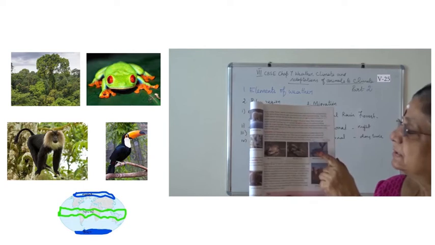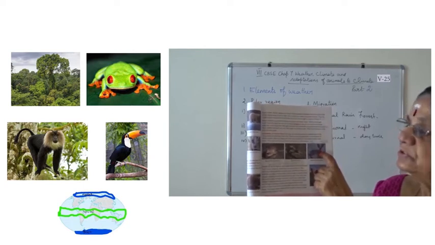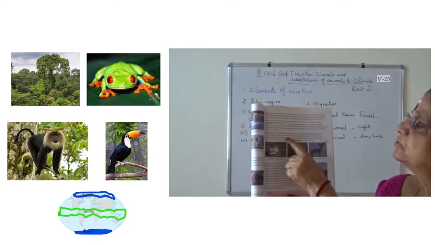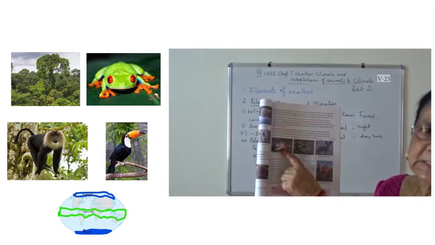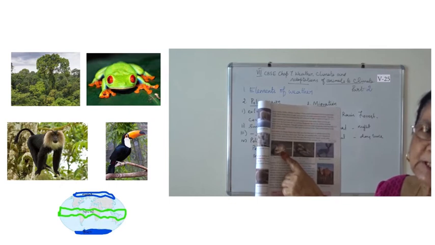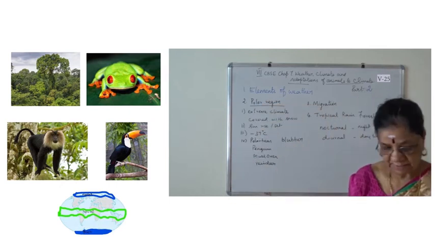For the kangaroo rat, it gets moisture from the seeds and grasses it eats. I hope you understand.